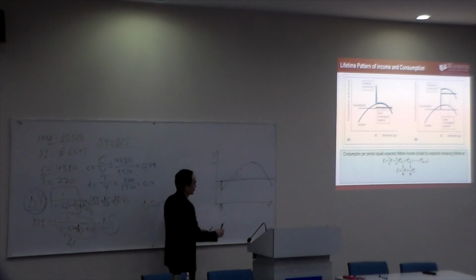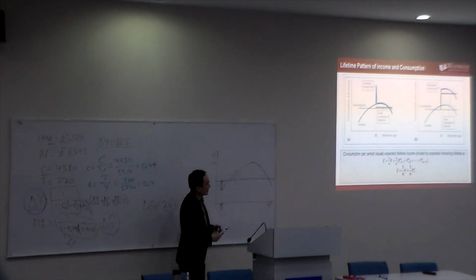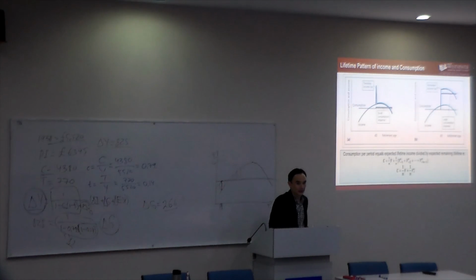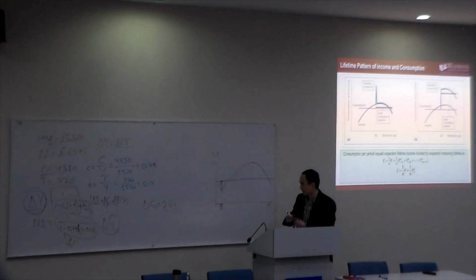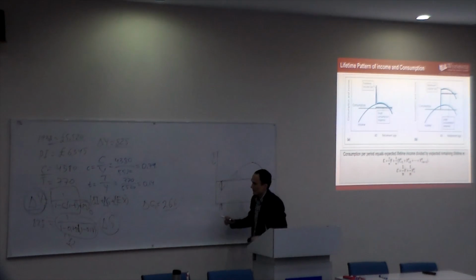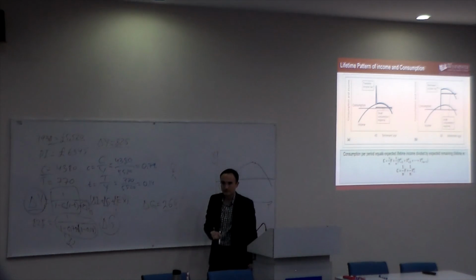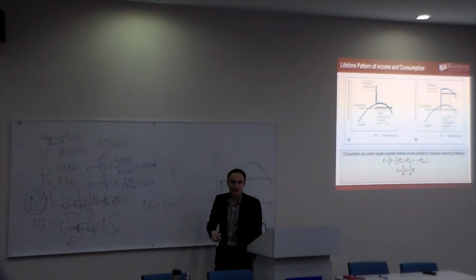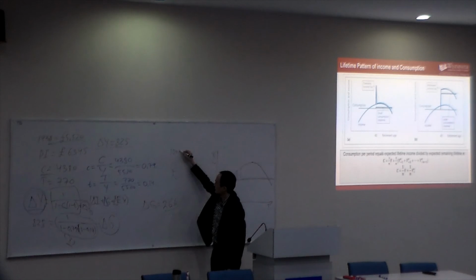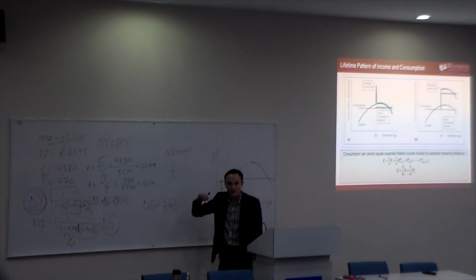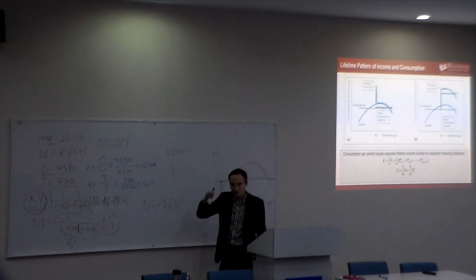Okay, good. So now we are considering transitory income rise and permanent income rise cases. First of all, let's suppose one individual inherited $1 million. What do you think? If you have $1 million, is it enough for you until you die if you don't work?